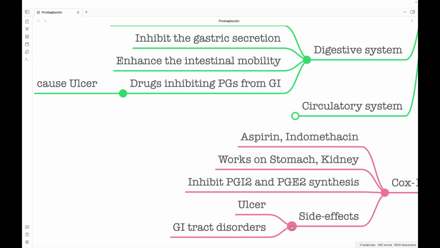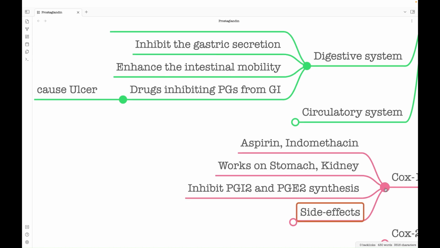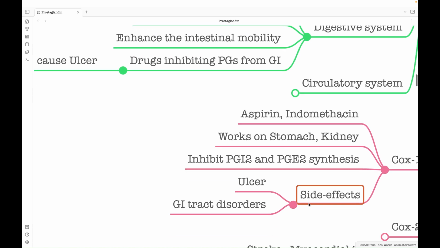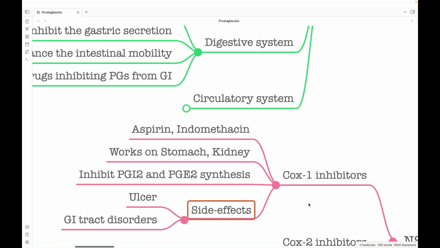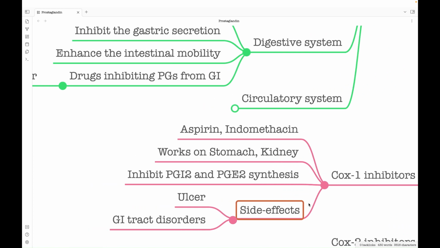Hope that is clear to you: the prostaglandins produced from stomach and kidney are produced by the COX-1 enzyme, and these are PGI2 and PGE2.